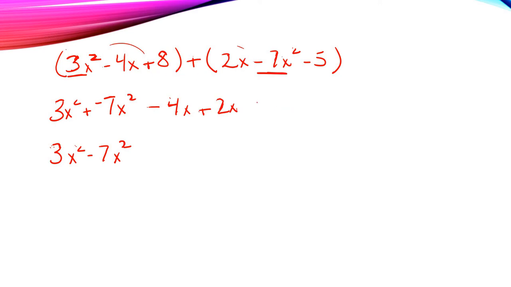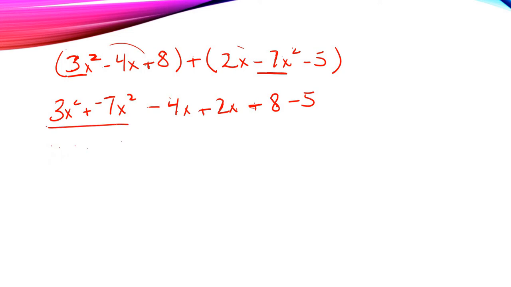And then I have some constants. A positive 8 minus a 5. So let's combine these. And again, if you want these negatives to be written as plus a negative, you can do that. I think it's easier just to write minus.